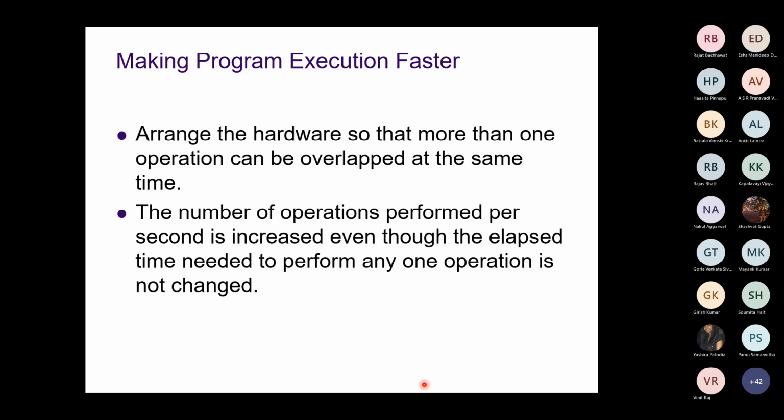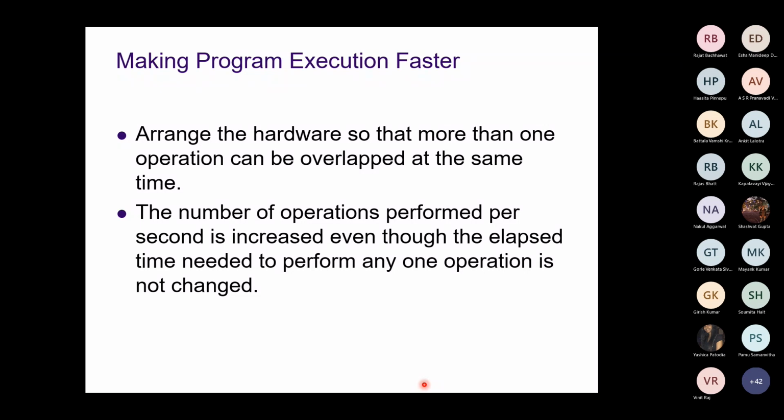The basic idea is you arrange the hardware so that more than one operation can be overlapped at the same time. And since we are talking about multi-cycle implementation, we would see that at some instant of time, maybe all stages are busy, like instruction fetch hardware, decode hardware, execute hardware, memory hardware, and write back hardware.